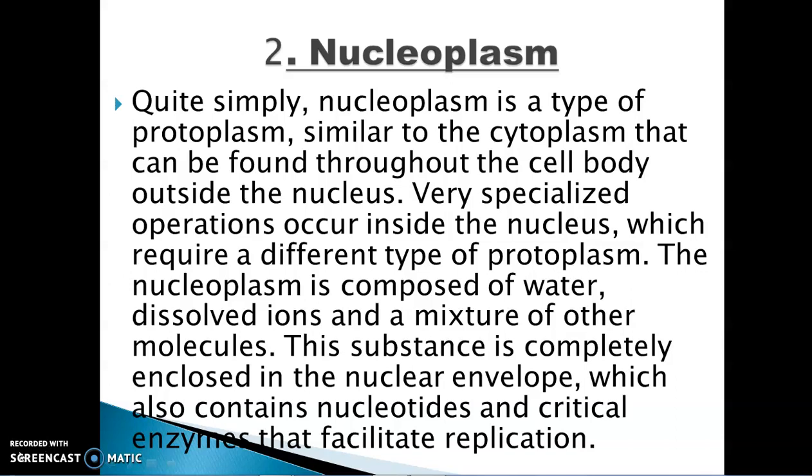Very specialized operations occur inside the nucleus, which require a different type of protoplasm. The nucleoplasm is composed of water and dissolved ions and a mixture of other molecules. This substance is completely enclosed in the nuclear envelope, which also contains nucleotides and critical enzymes that facilitate replication.